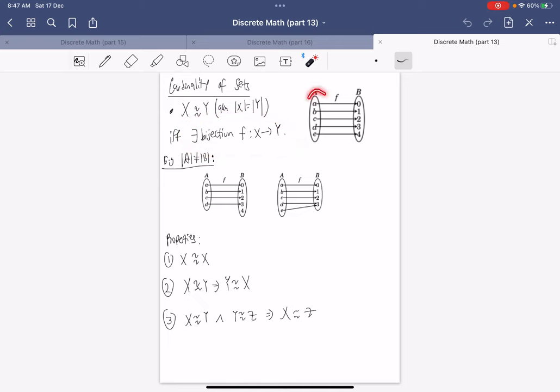If you think of the finite cases, if there's a bijection, each element from A is mapped to a unique element in B, and vice versa. And so you could say that they have the same size, or the same number of elements.